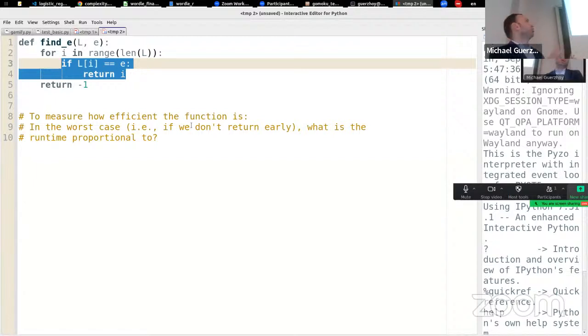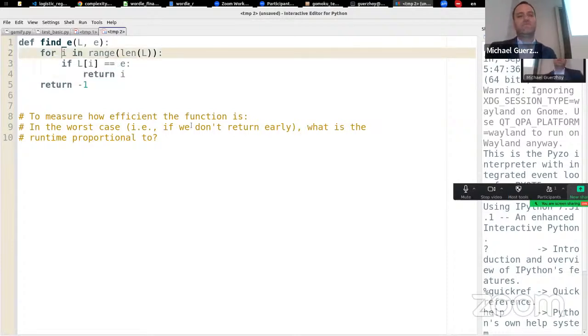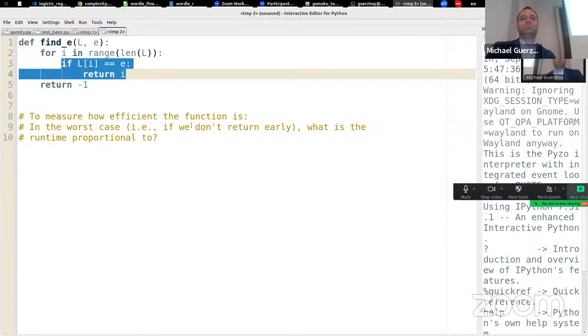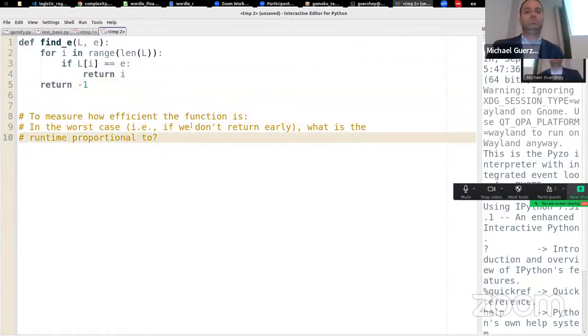And just looking at the code, I cannot say, well, this is going to take 10 seconds. That's not something that makes sense, right? What does make sense is to say, well, if I need to run this, it's going to have to run for length of L iterations. And on every computer, an iteration is going to take some constant amount of time. So the runtime as a whole is going to be proportional, in this case, to length of L.